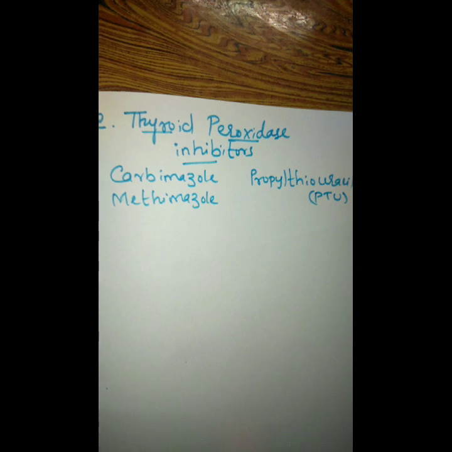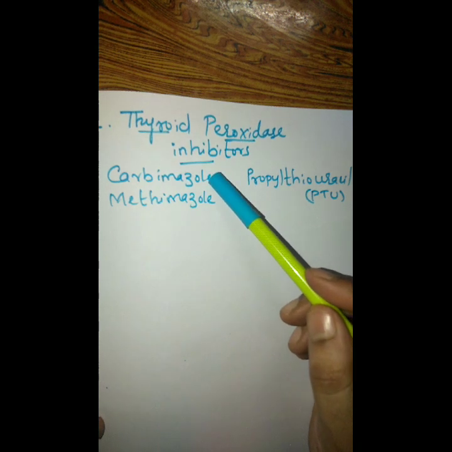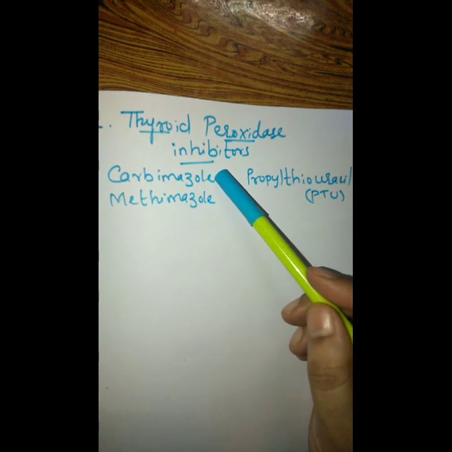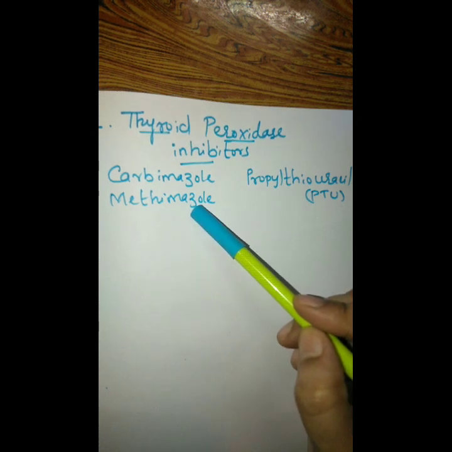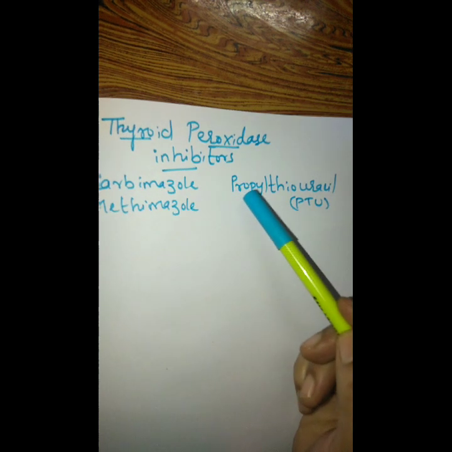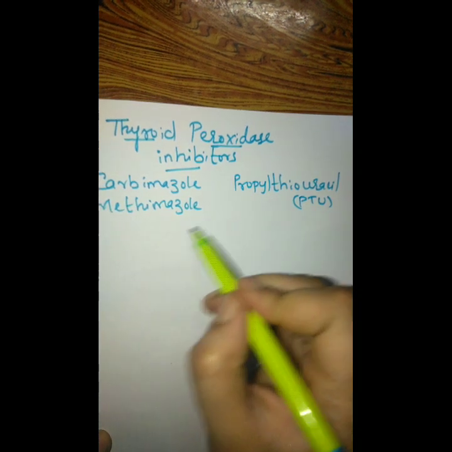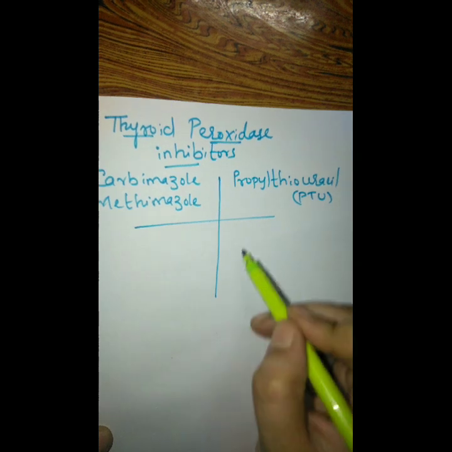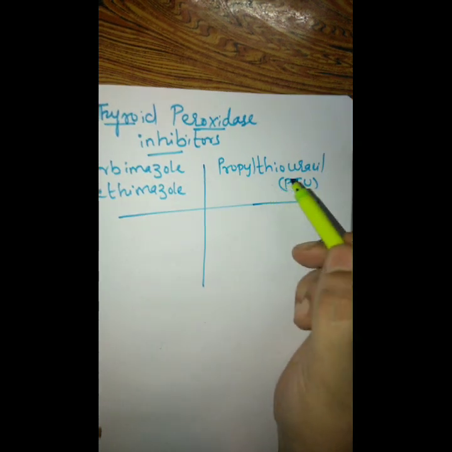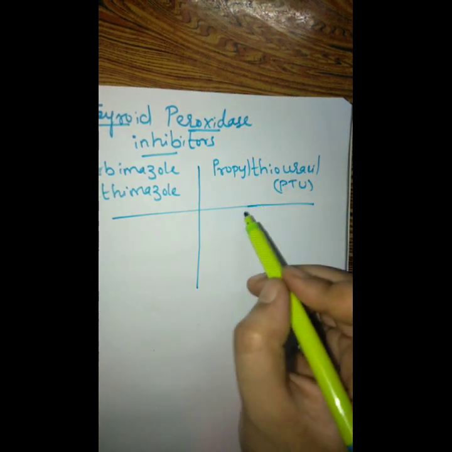So basically you can say these drugs inhibit the synthesis of your thyroid hormone. Now regarding carbimazole, it is a kind of prodrug, and when carbimazole undergoes metabolism, it becomes methimazole. So the activity of both carbimazole and methimazole is one and the same. But there is somewhat of a difference in propylthiouracil. You can remember the actions of propylthiouracil from P. P for propylthiouracil, P for potency.